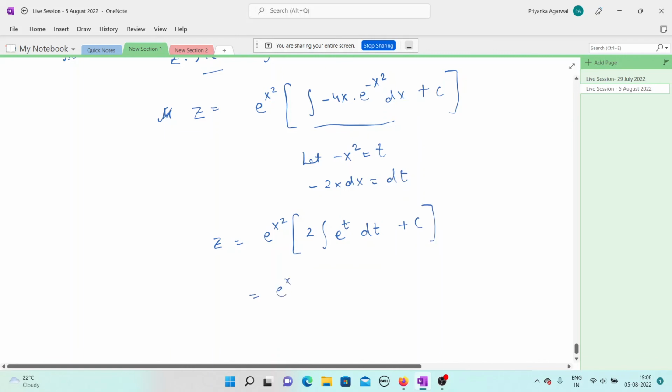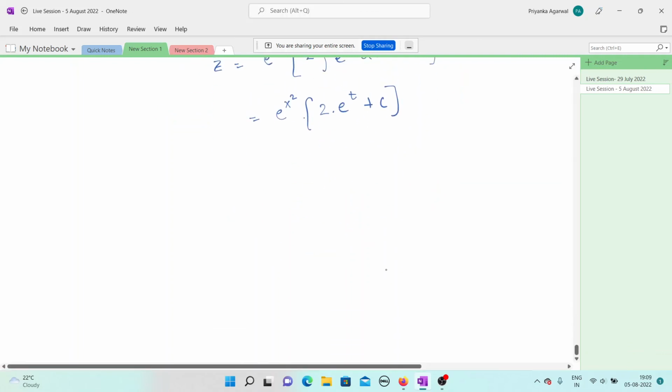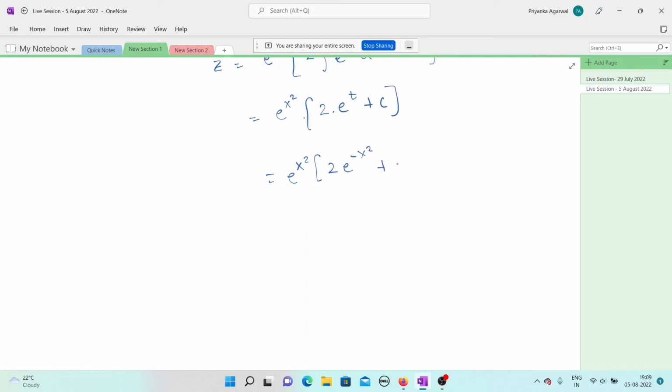So z will be e to the power x square into 2 e to the power t plus c, and this becomes e to the power x square times 2 e to the power minus x square plus c. If you open the brackets, it will be 2 plus c e to the power x square. So this is your solution. Now in this we have to substitute for z.